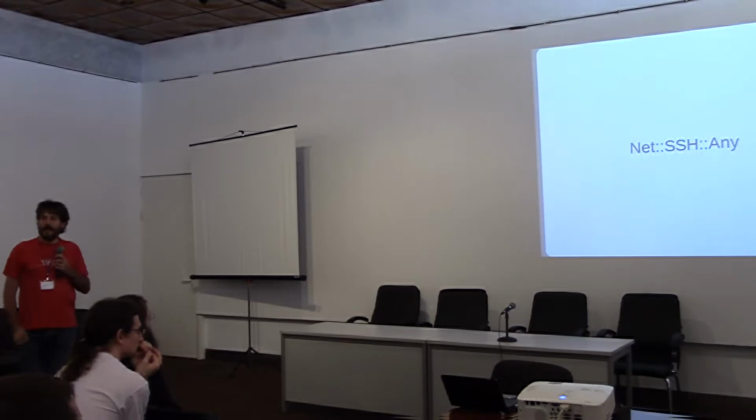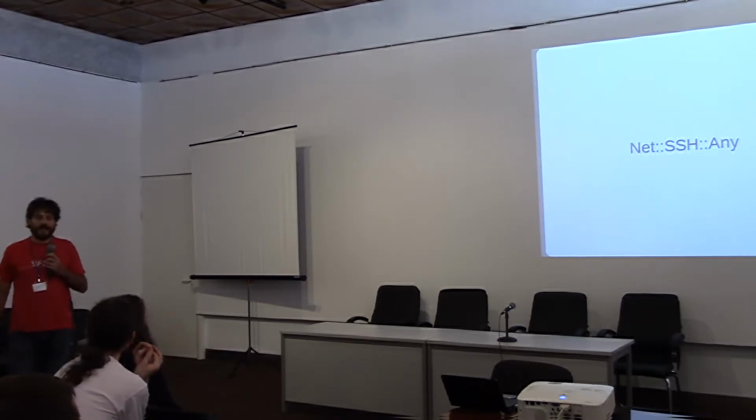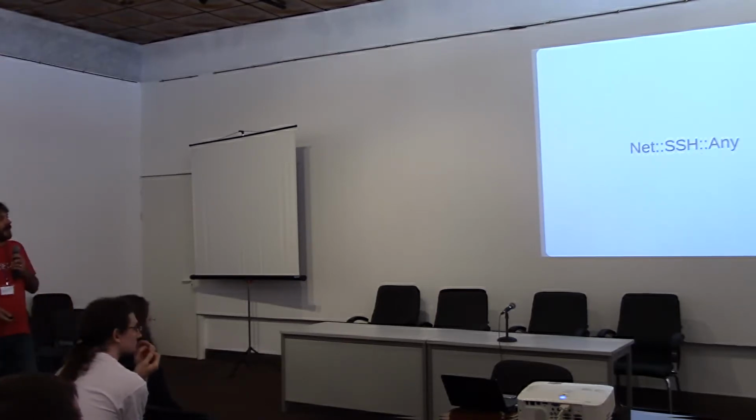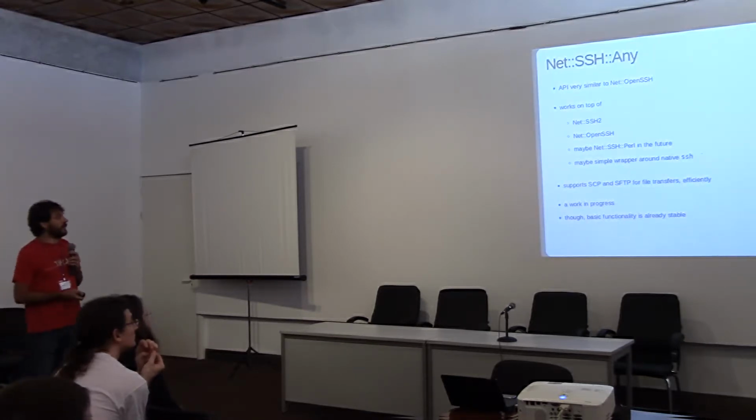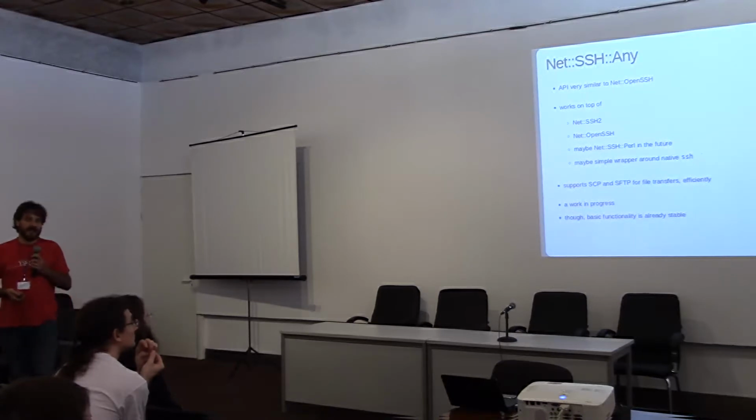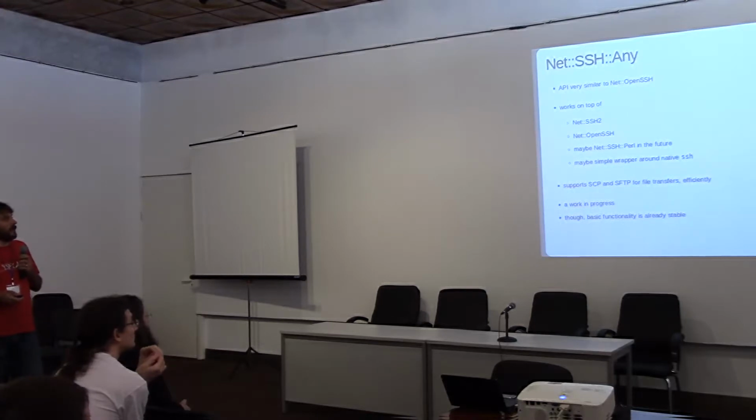So I felt sad for the Windows people not having a proper Net::SSH client. I did that. Mostly it's a wrapper around OpenSSH or Net::SSH2 that provides the Net::OpenSSH API, a subset of the Net::OpenSSH API.